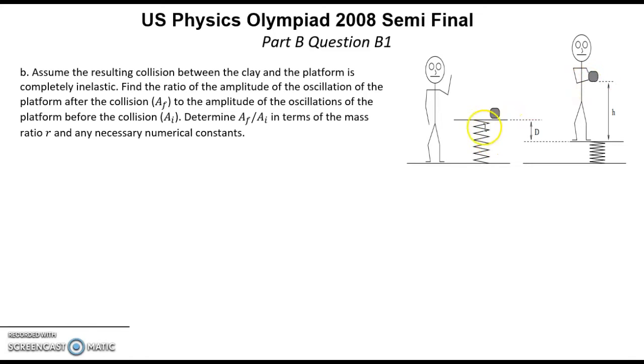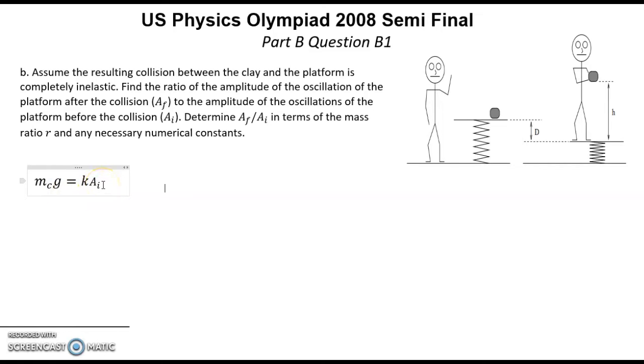because before, the equilibrium position was right at this point, and now it must go higher by a distance, this one, where mc is the mass of the piece of clay, and mg is the extra force of gravity.